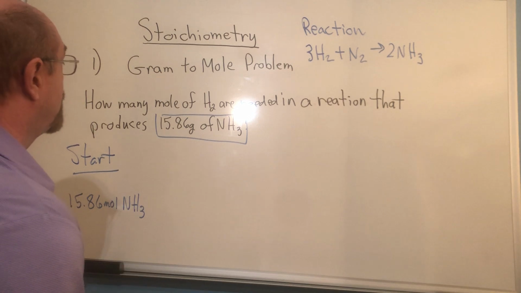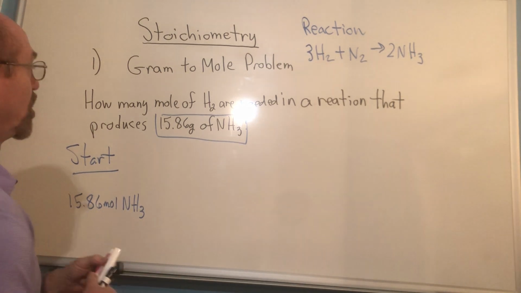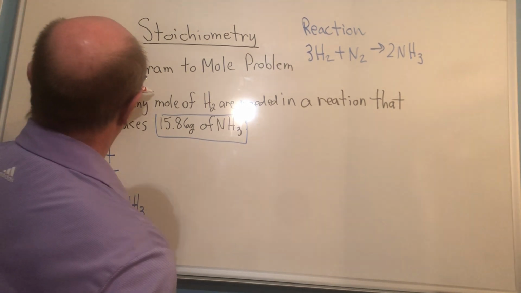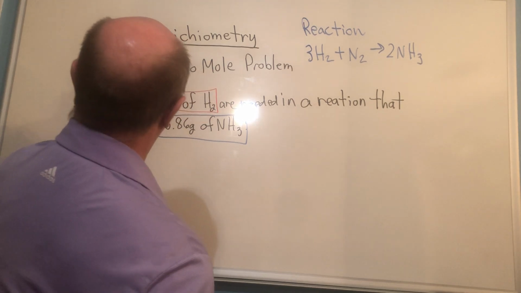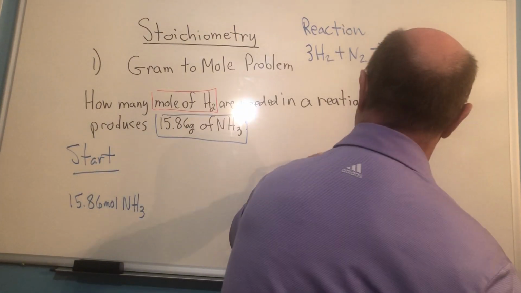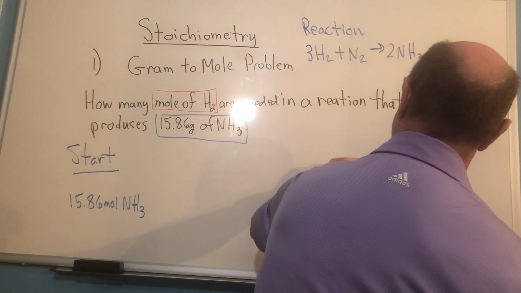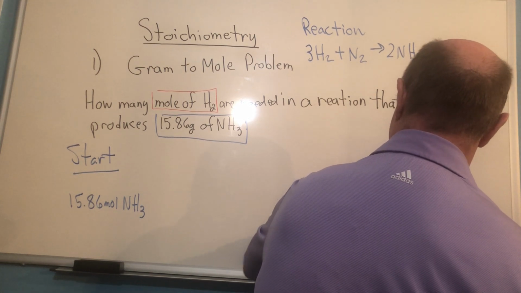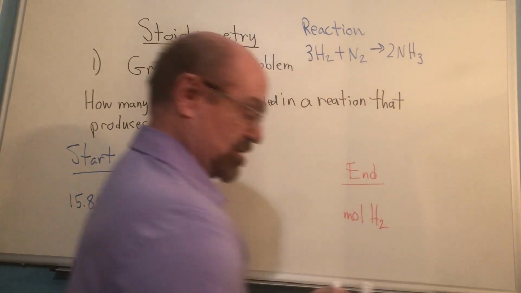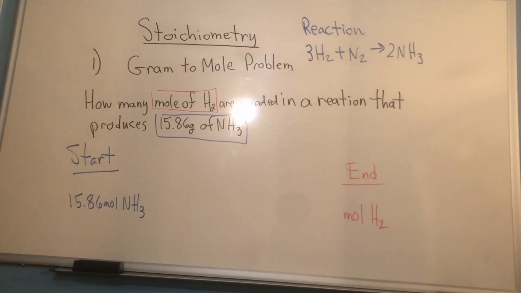And what are we trying to find? Since this is from grams to moles, you would expect it to be moles. So in this case, it's moles of hydrogen. So we're trying to get over here to moles of hydrogen. Now, this kind of problem has two steps.